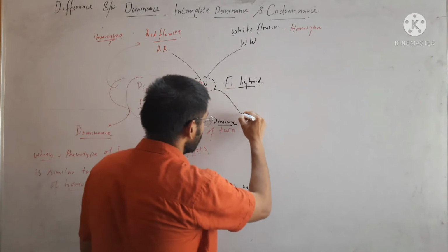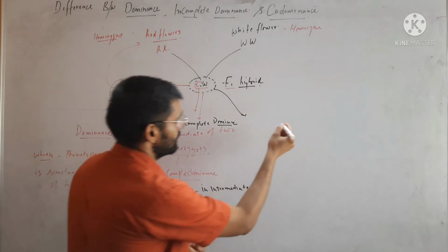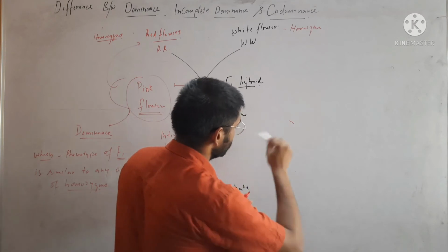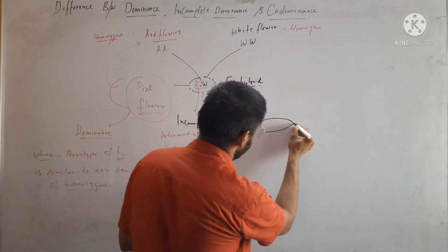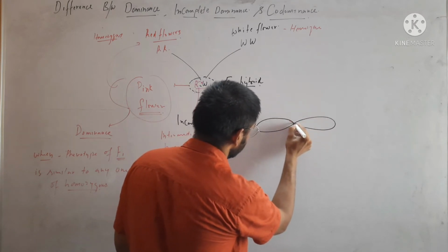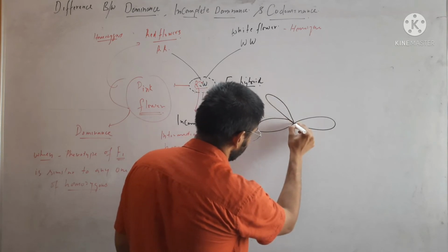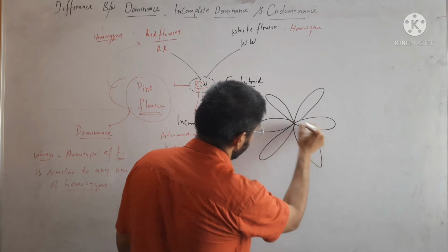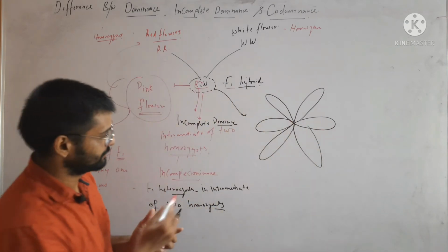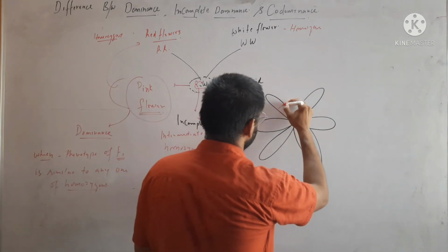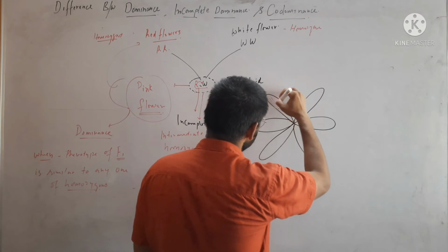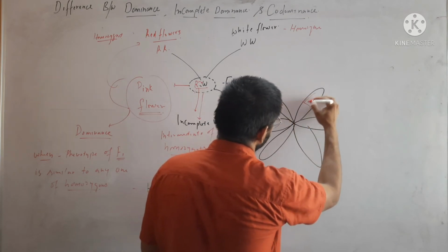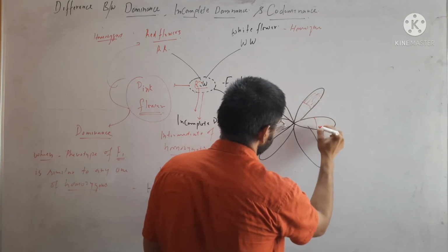Here, this F1. So I am drawing here the petals of a flower. Suppose these are the petals of a flower. Half the petals of this flower are red, like this.